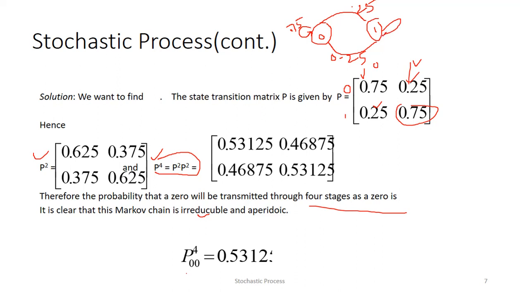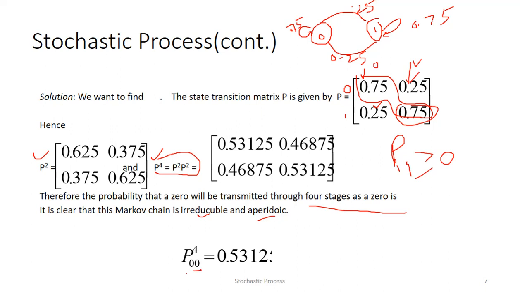Here all states are communicating, so it is an irreducible chain. How can we say aperiodic? If probability of p_ii is greater than 0, then we say that it is aperiodic. So it is aperiodic, and it is irreducible.